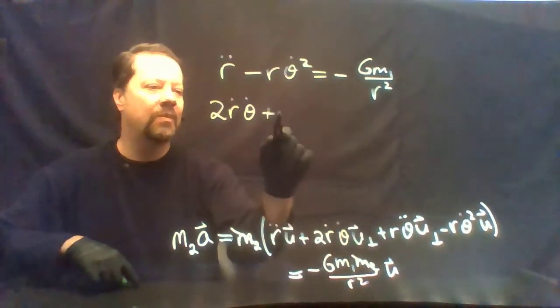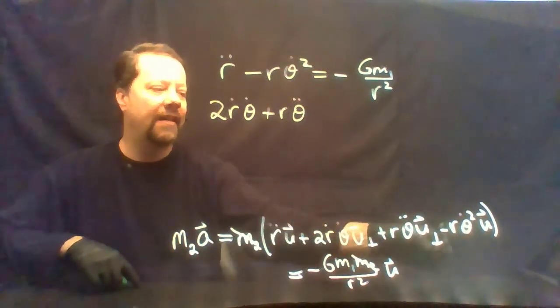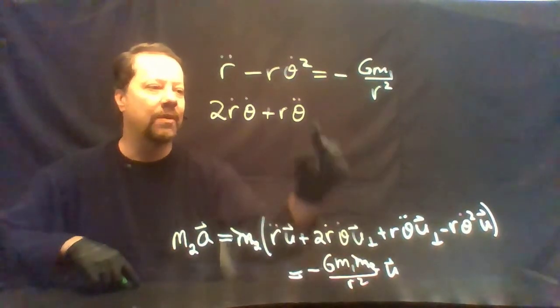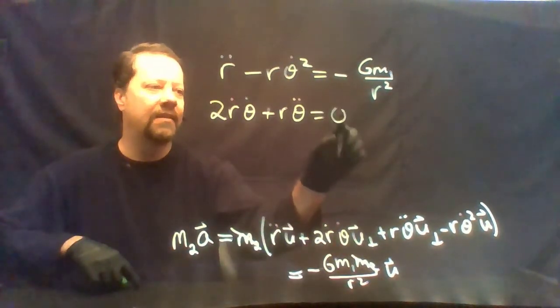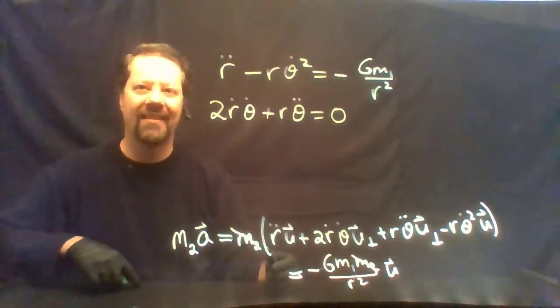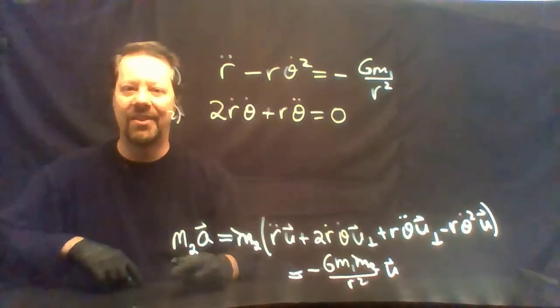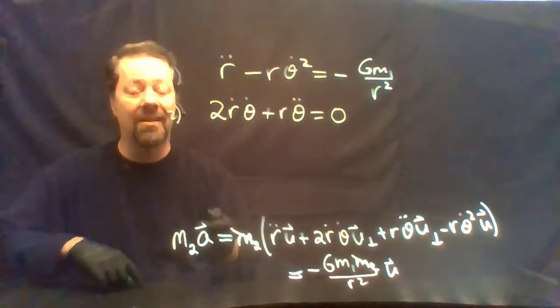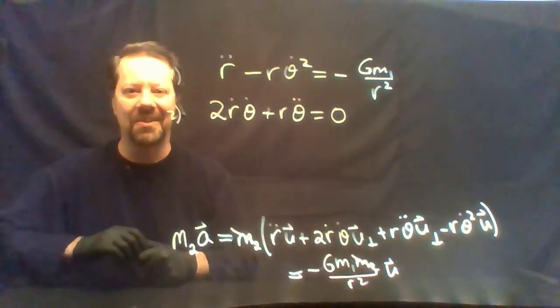And then we get plus r theta dot dot, and then 0, and then equals. When we dot with respect to u perp on the right-hand side, we get 0. This gives us two equations in two unknowns. They are differential equations, and that makes them a little bit tricky to solve.